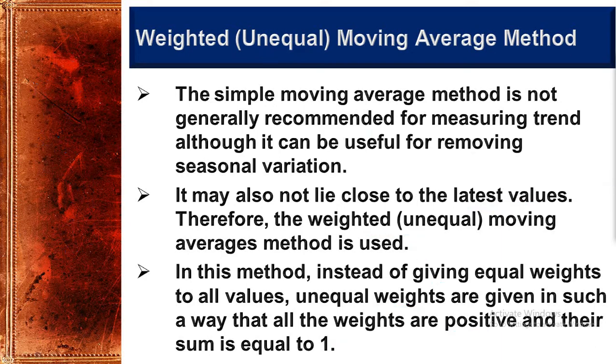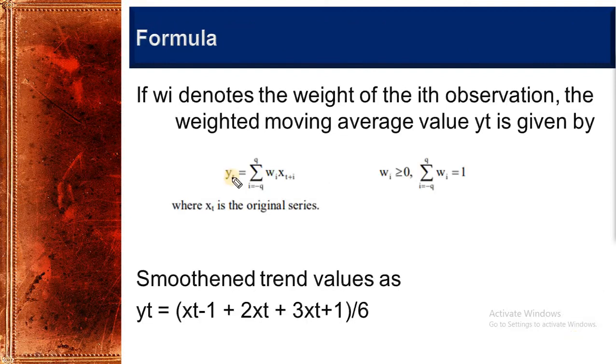And we have a very simple formula to calculate this. Here we can derive the value by yt equals summation, i equals minus q to q, of wi times xt plus i. This is a simple formula.